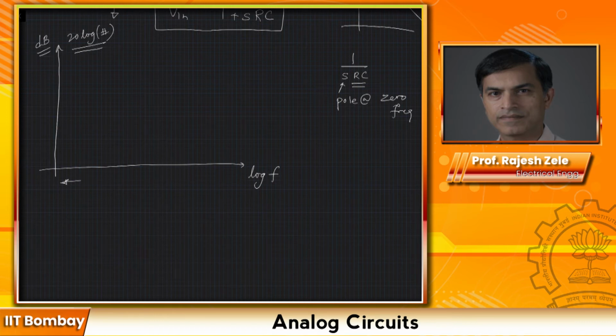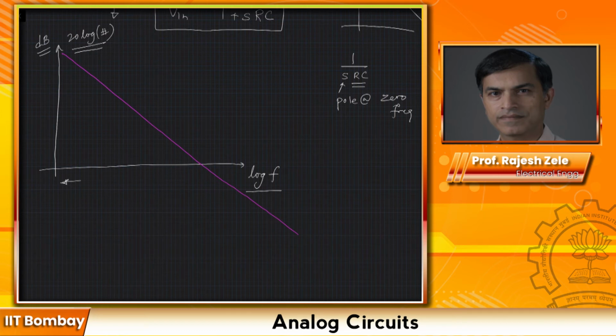And since we are plotting logarithm of f, generally we cannot plot the origin on this plot, and what you would see then is your gain. I'll use a different color for the ideal bode plot. The ideal integrator would look like this, something like this.